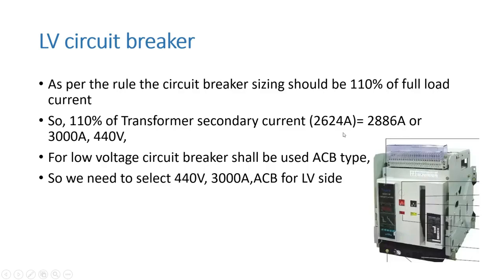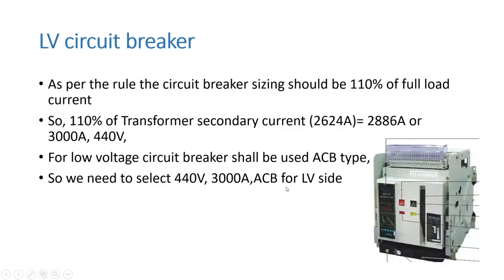I round up that value to 3000 ampere. So I choose the LV circuit breaker rating as 440 volt 3000 ampere ACB. I choose ACB because it is capable of handling high current ratings up to 10,000 amperes, and here I am using 3000 ampere 440 volt.